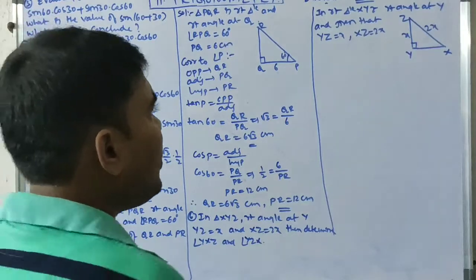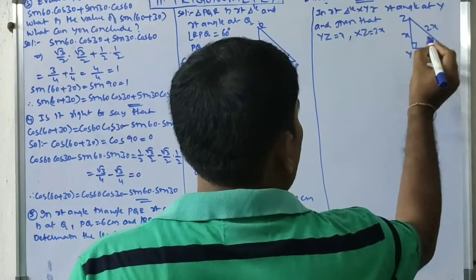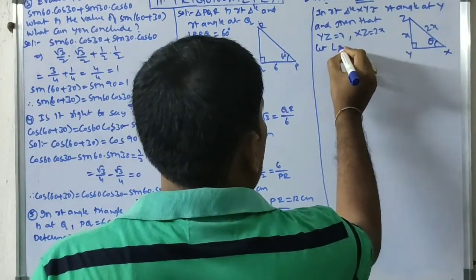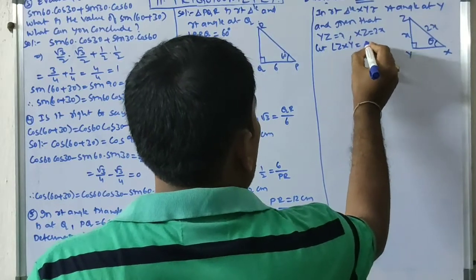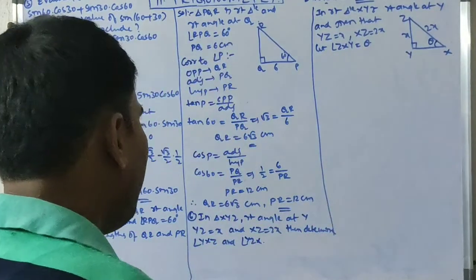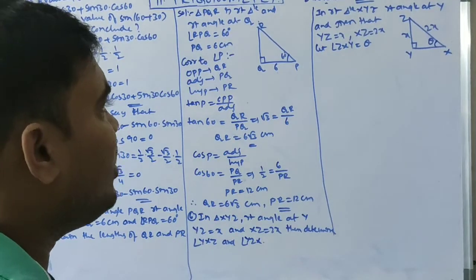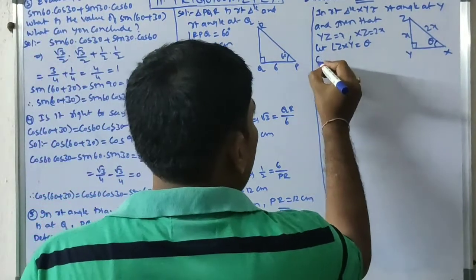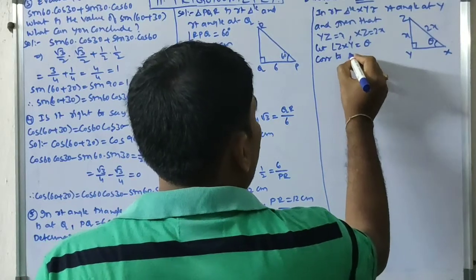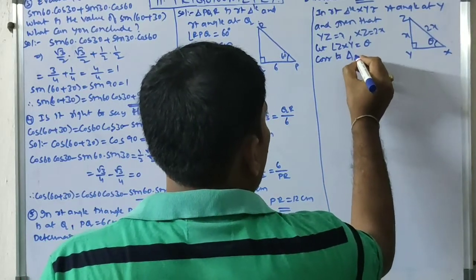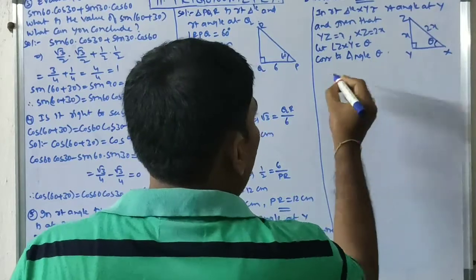Corresponding to angle X, let angle ZXY equal theta. ZXY or YXZ, both are the same. Corresponding to angle theta, what is the opposite side?